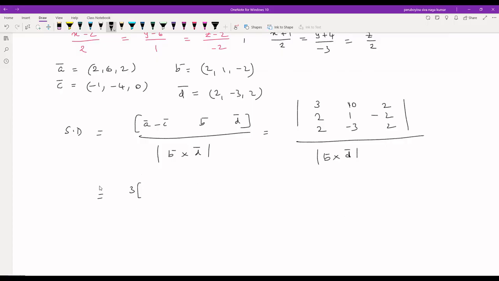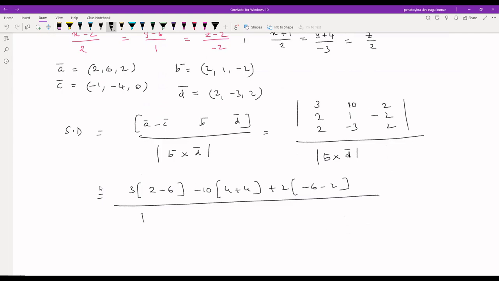So 3 times 2 minus 6 minus 10 times 4 plus 4 plus 2 times minus 6 minus 2. So 2 minus 6 is 4, 4 square is 16, 8 square is 64, 8 square is 64.